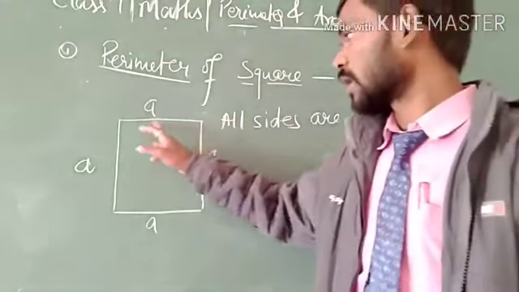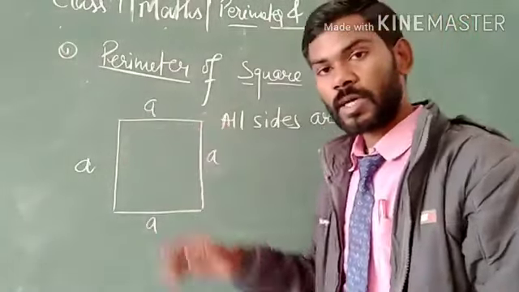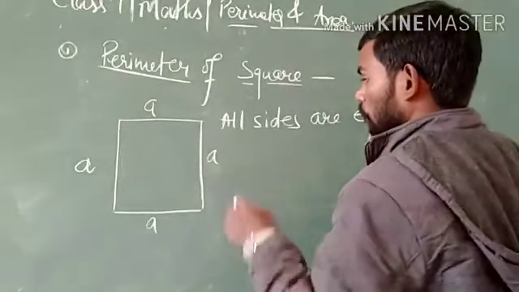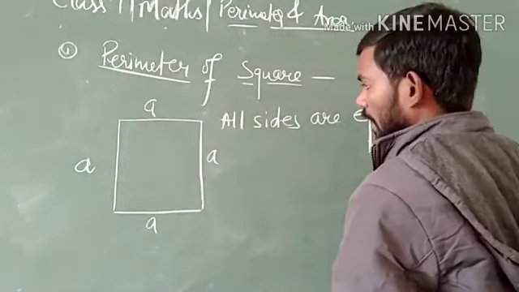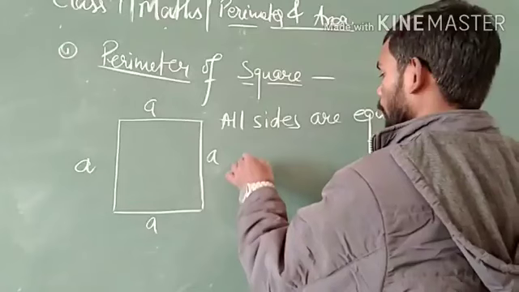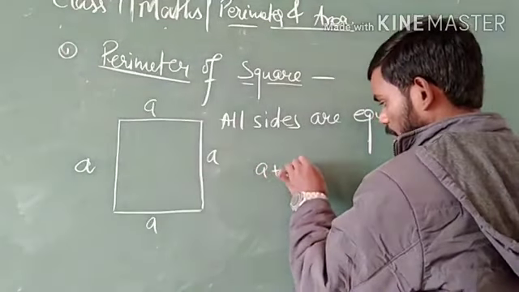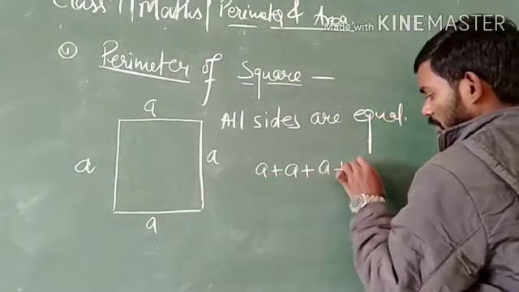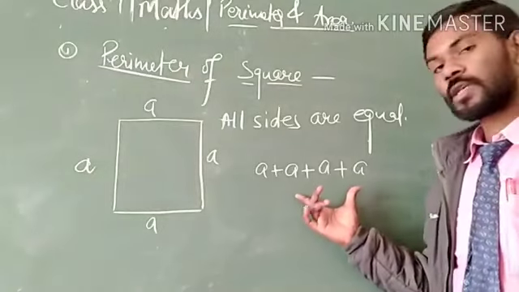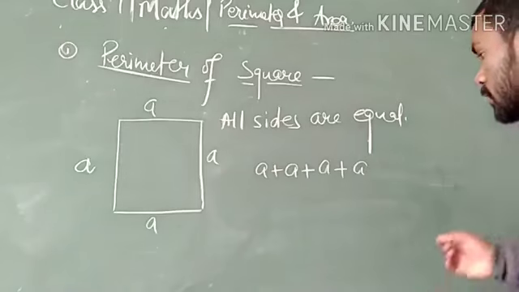Here we can see that this is the boundary of the square, and when we add the sides in order to get the total length of the boundary, we shall write a plus a plus a plus a. This will give us the total length of the boundary.